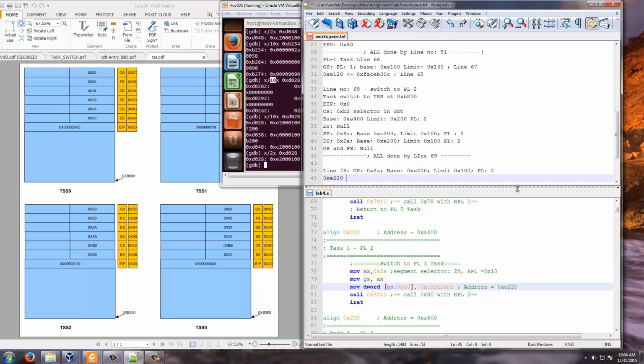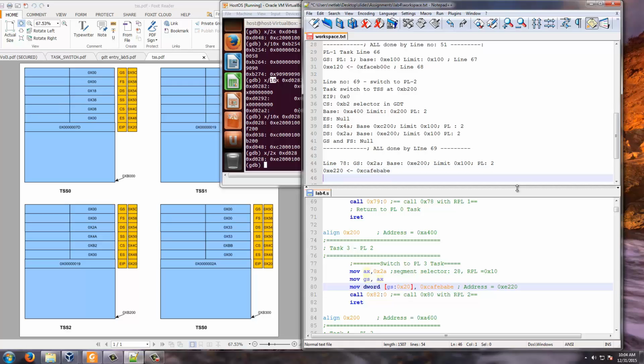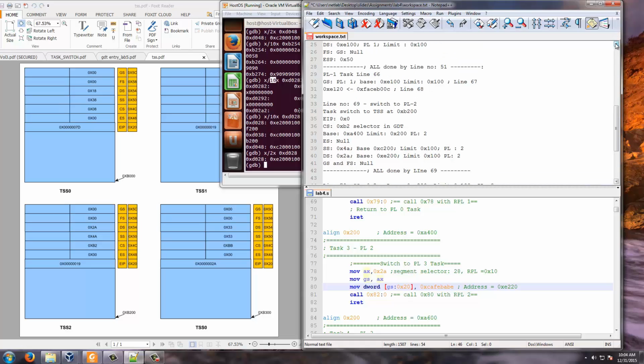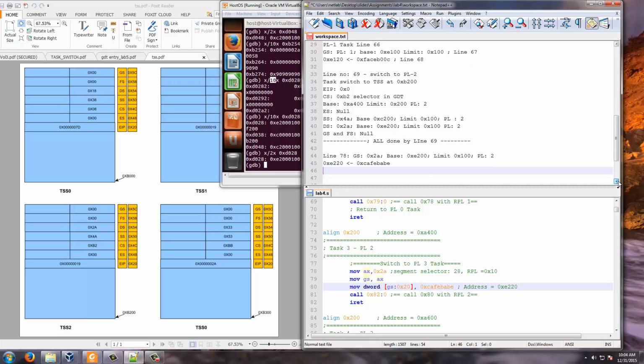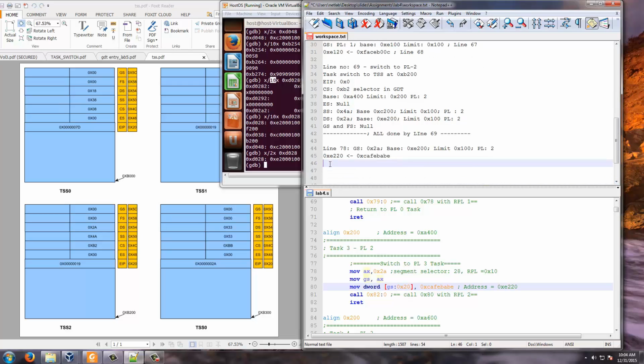Now I am moving D word GS:20. So your 0xE220 should basically get 0xCAFEBABE. Right? I'll try and just go and mark some of the things that we will now need to go. So yeah. So this is what your PL2 does, and now it goes and calls 0x82.